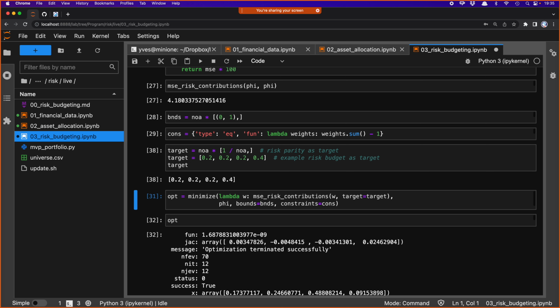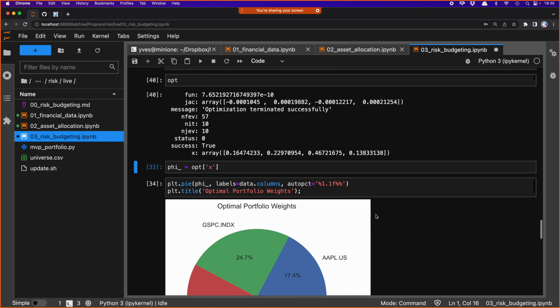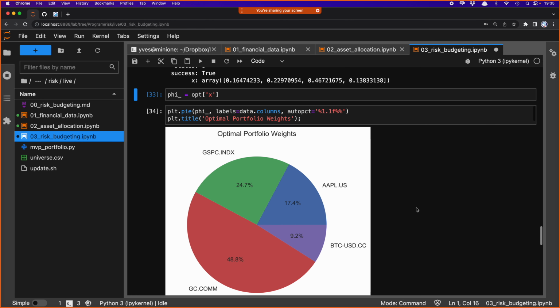Of course, this works as well. It's simply another target that is replaced in the minimize function via the MSE risk contributions function, and the result changes. Obviously, everything else would be a surprise.